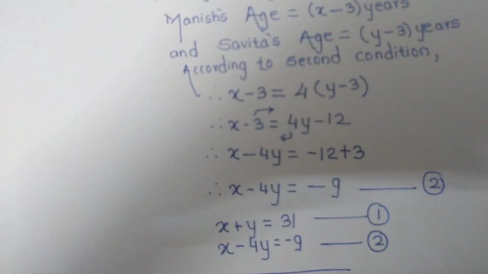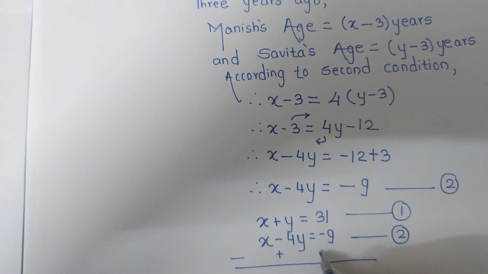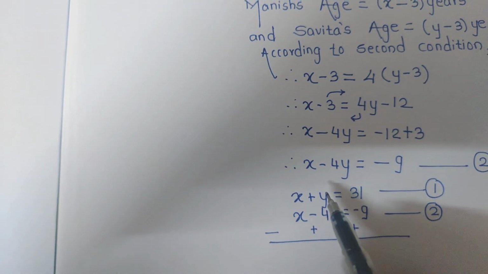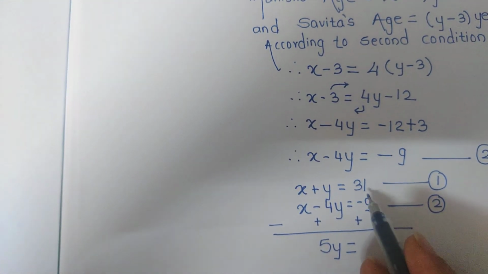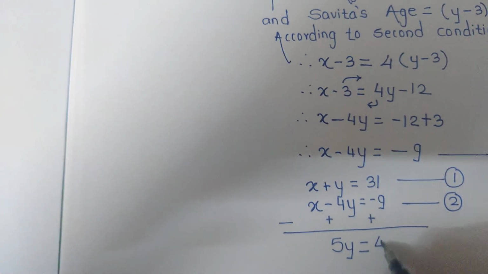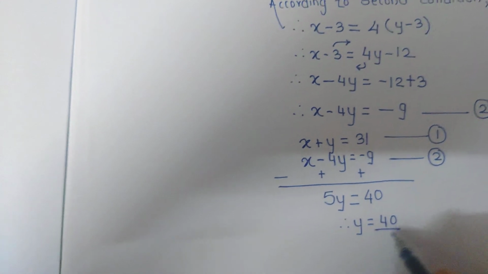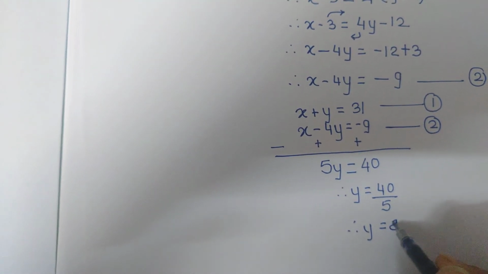Both have the same sign. When the signs are the same, we perform the subtraction step. So for subtraction, we change the signs. Minus becomes plus, plus becomes minus. x minus x gets cancelled. y plus 4y gives you 5y. 31 plus 9 is equal to 40. So therefore y is 40 by 5. Therefore the value of y is 8.